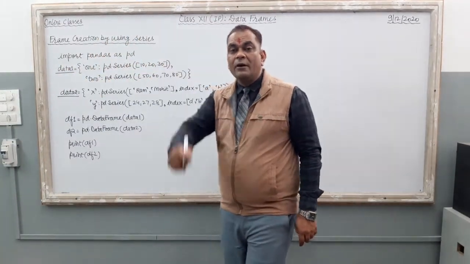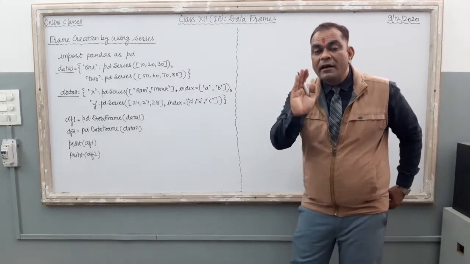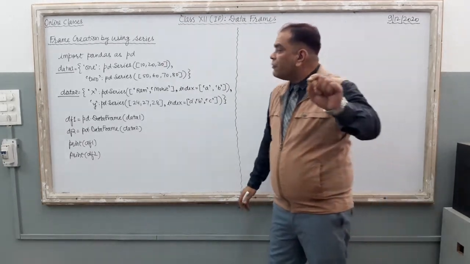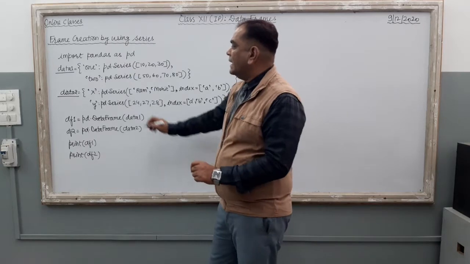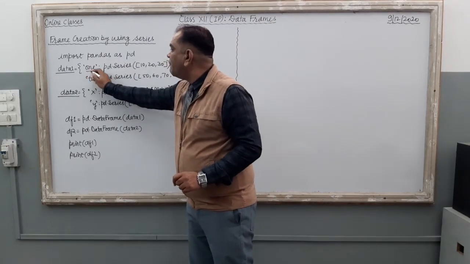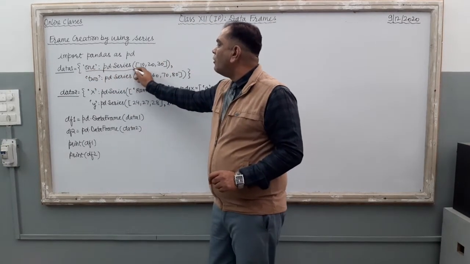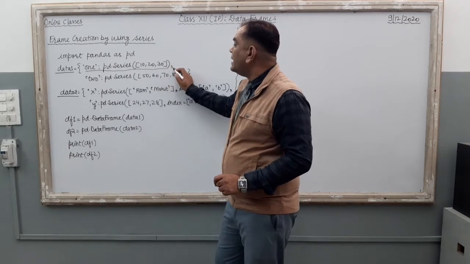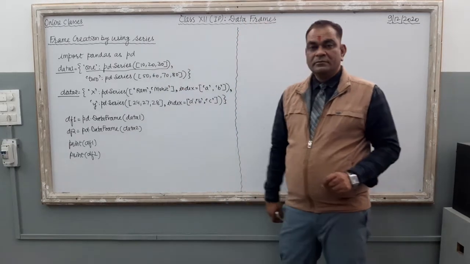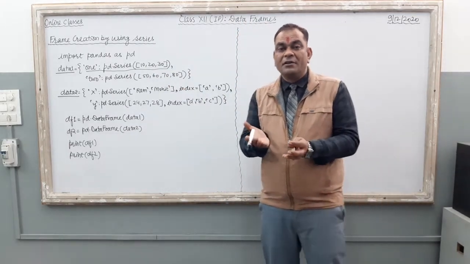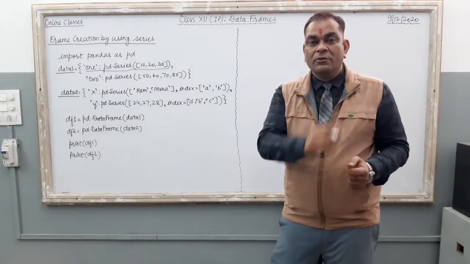Inside the dictionary object I have created a data series. If you see the dictionary object properly, this is the very first data element of the dictionary. Just see, it is separated by comma here, right? Dictionary, you know that dictionary is a combination of keys and values, right?